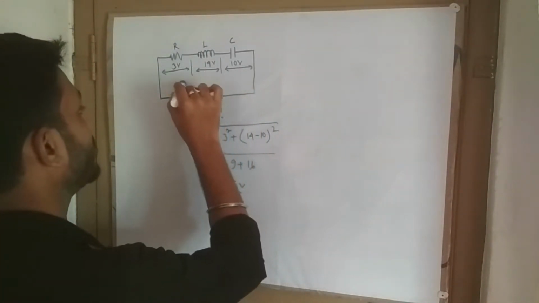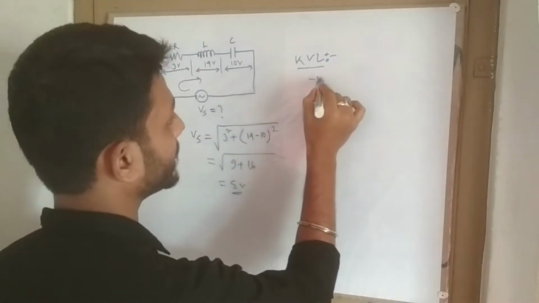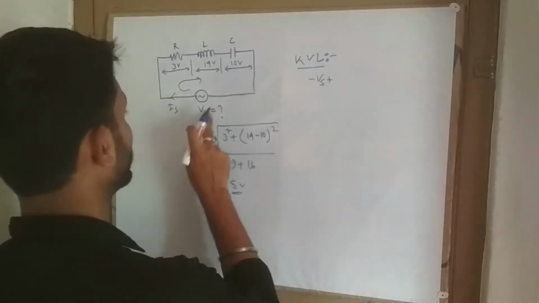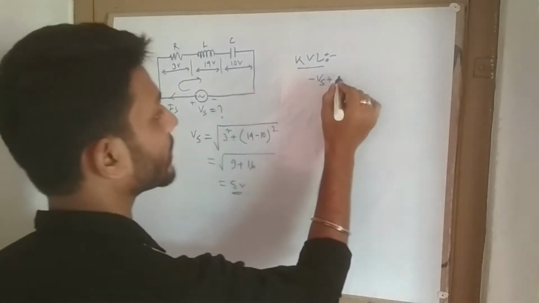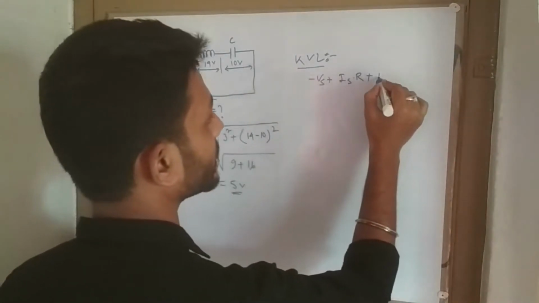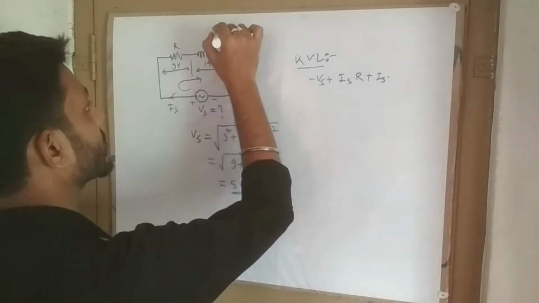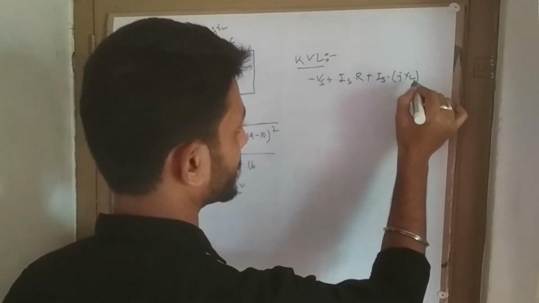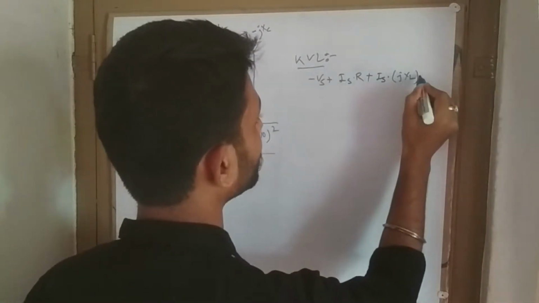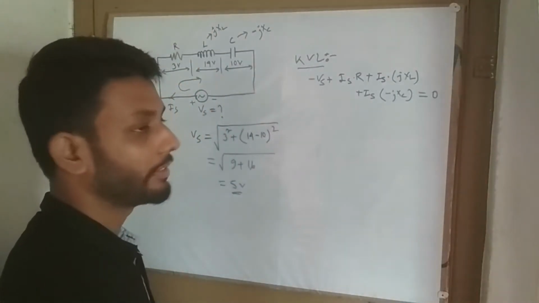If you apply KVL, then it will be minus Vs plus, if the current is Is, then Is multiplied by R plus Is multiplied by the impedance of this inductor, which will be JXL, and the capacitive reactance value will be minus JXC, so plus Is multiplied by minus JXC equal to 0. This is the KVL equation.